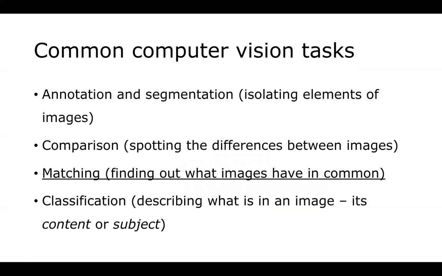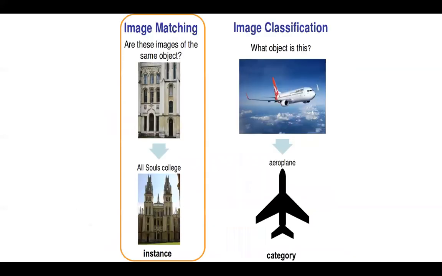Moving on, matching, finding out what images have in common. So this is a form of image recognition. The task here is to determine whether you are looking at images of the same object or not, perhaps from a different scale, as you can see here. A building in Oxford, All Souls College, shown in close-up and in long shot.